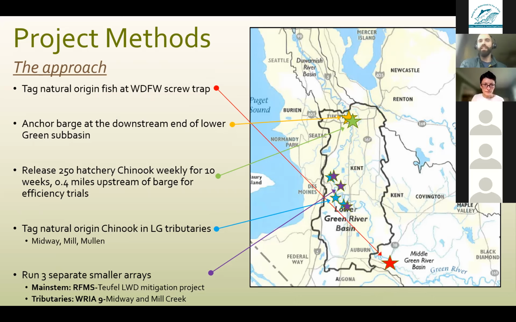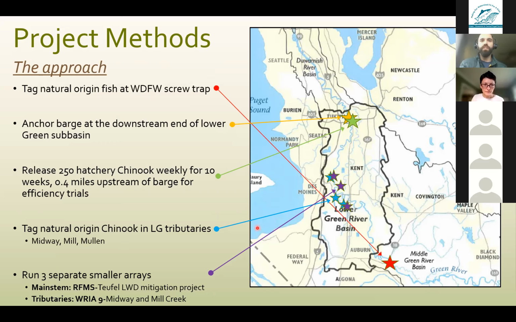The idea being that you're close enough to the barge where it's unlikely that you're going to have significant mortality of your released fish, but far enough upstream where the fish can disperse evenly throughout the river. And so you'll get consistent detection rates that might be more representative of fish in the wild.